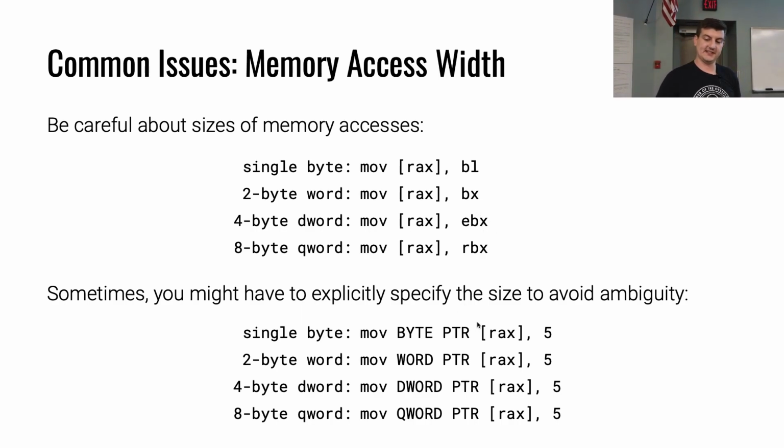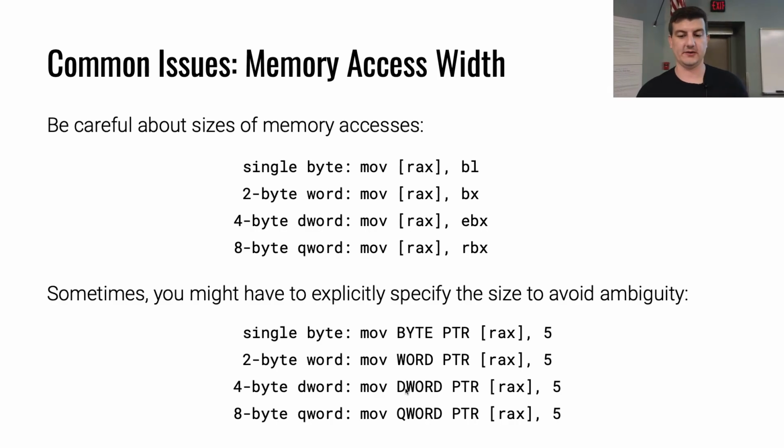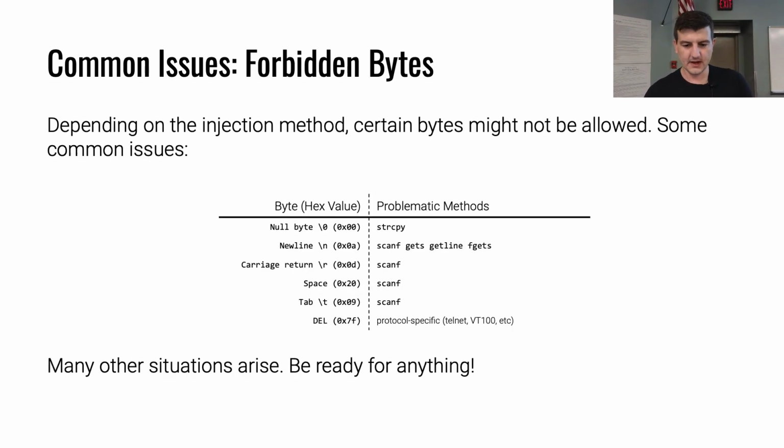You can also specifically use these annotations to specify to the assembler that you want to move a single byte. So this is byte ptr or word ptr or dword ptr. This is being very explicit, telling the assembler you only want to access 1 byte. Yeah, like we talked about.